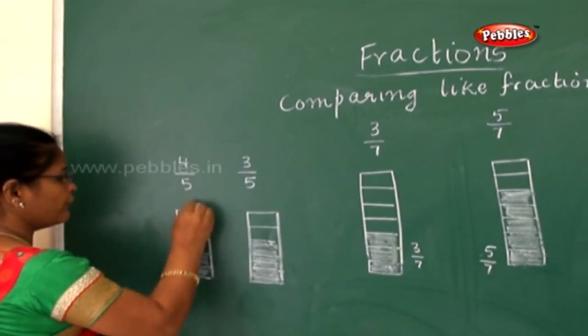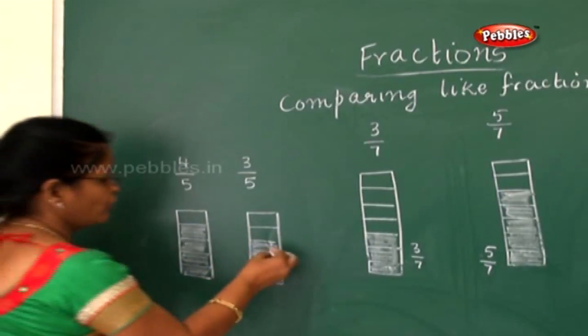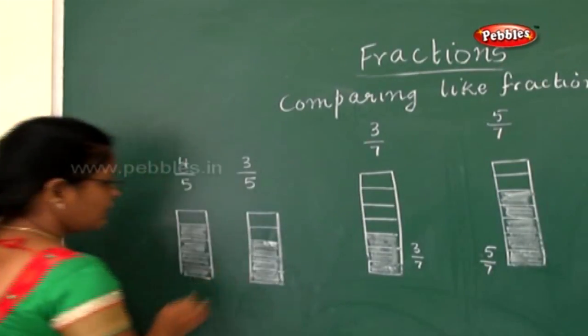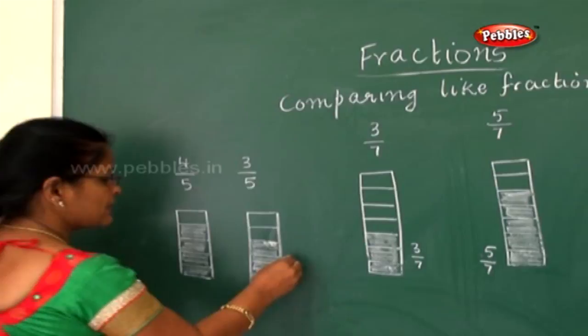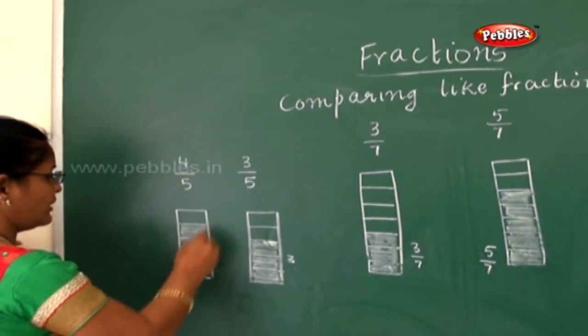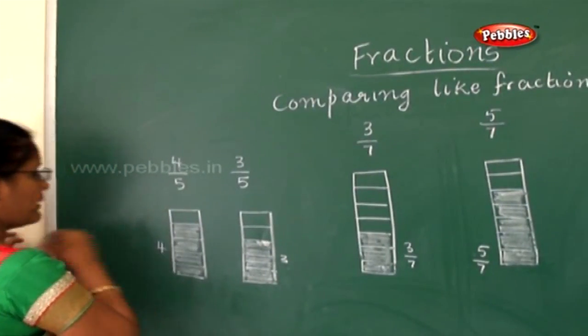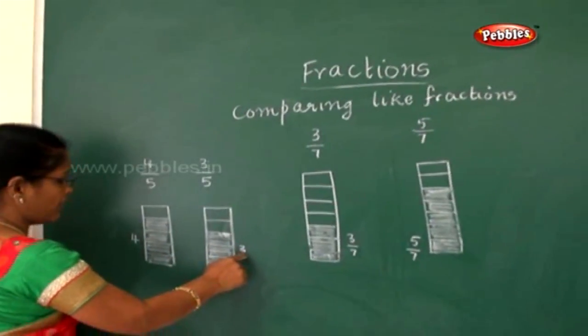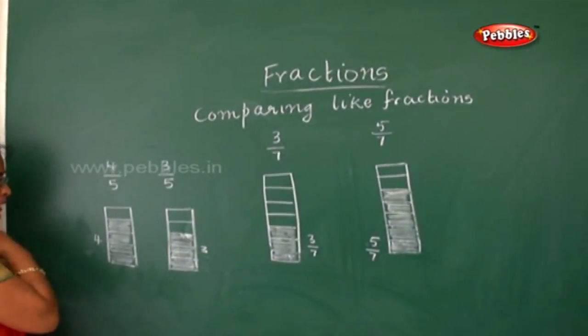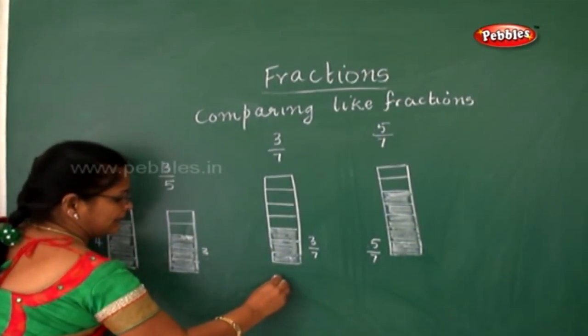Here 4 by 5 and 3 by 5. Now you tell me which is lesser here. 3, because out of 5 parts only 3 parts are shaded and out of 5 parts 4 parts are shaded. So 3 by 5 is lesser than 4 by 5. Now next one more sum I'll tell you.